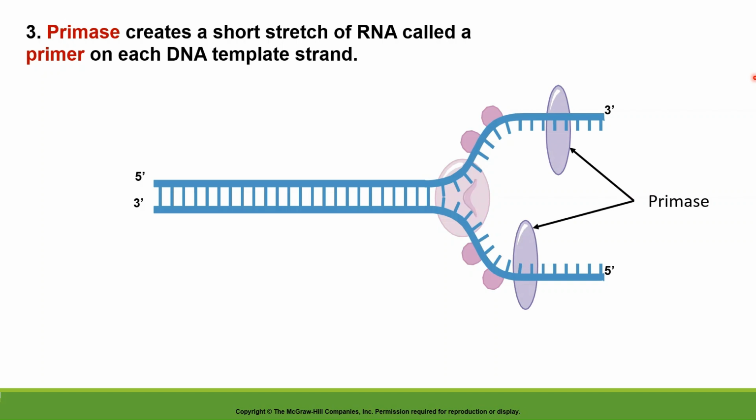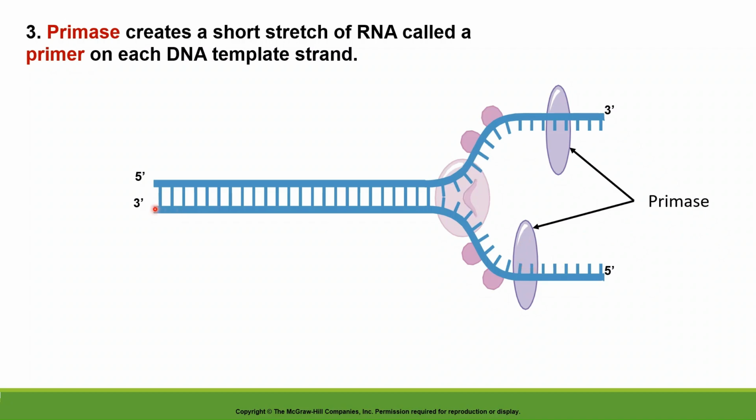Now, when you're getting familiar with both DNA replication and transcription, which will come later in this chapter, just keep in mind that all of these enzymes have to drive a certain direction on the street. So these primases are no exception to that, and they will always drive from 3' to 5'.